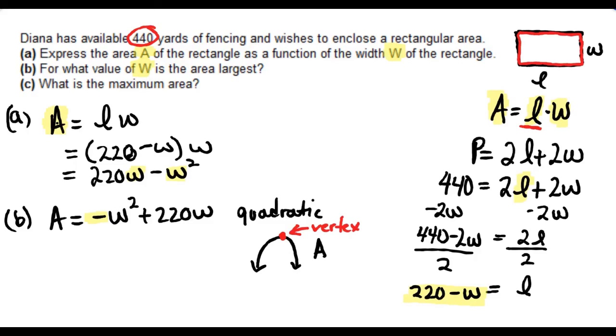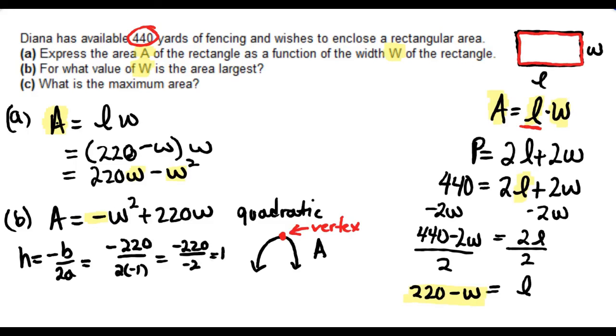We have a formula for calculating the vertex. We can find h by calculating negative b over 2a. That's negative 220 divided by 2 times negative 1. It's negative 220 divided by negative 2, and that's 110.